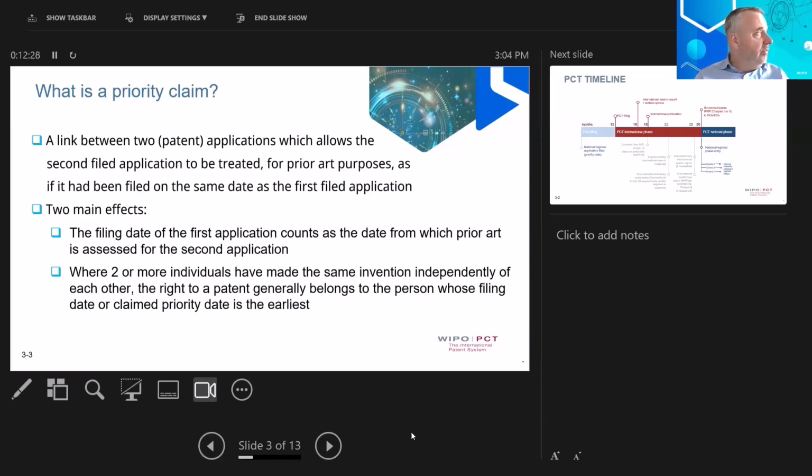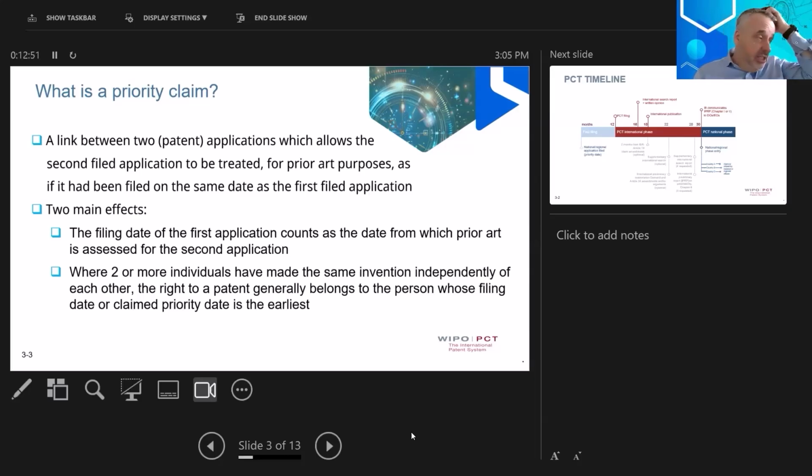Clearly, when you file a patent application, anything that's disclosed after the filing of your application will not be considered relevant prior art. You were the one who filed first before someone else disclosed similar information. So whatever was disclosed after filing should not affect your right to ultimately obtain a patent.